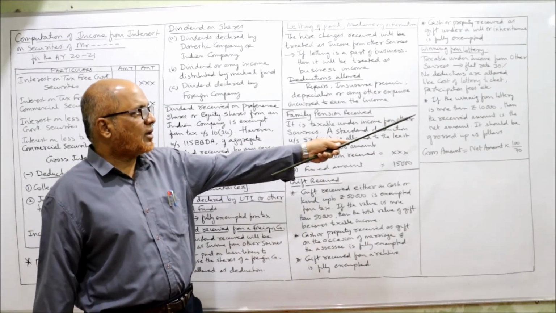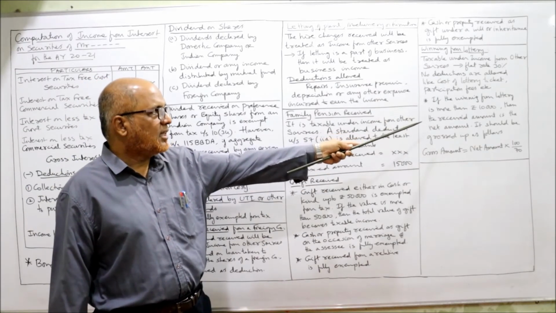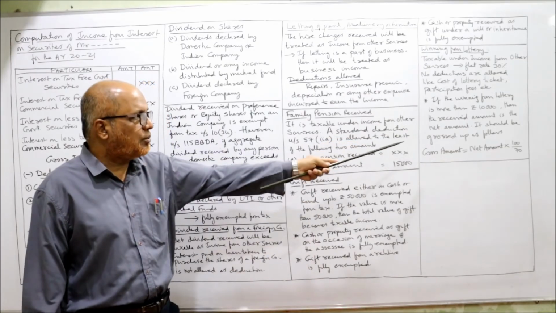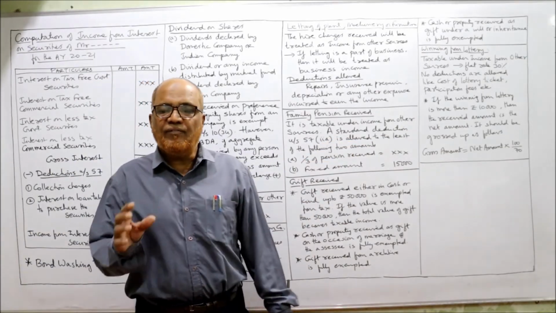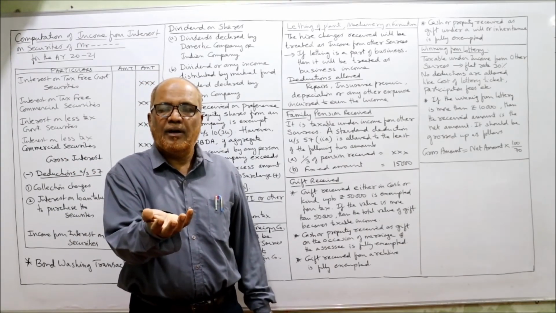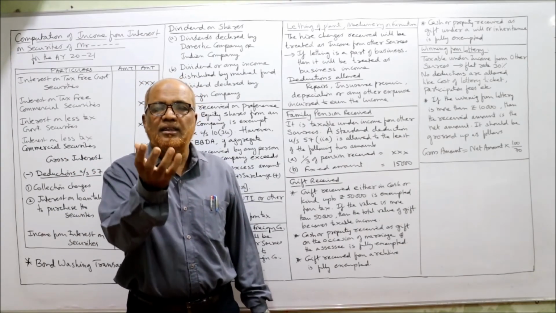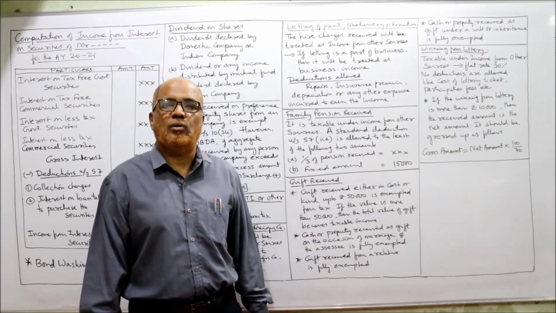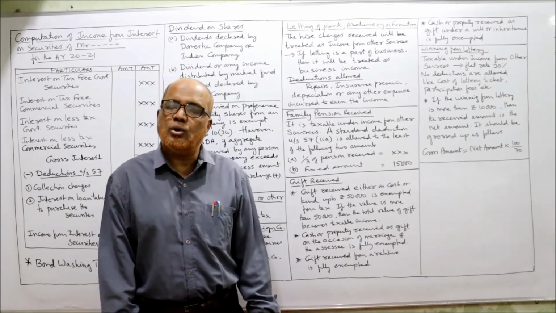So if the winning from lottery is more than 10,000, then the received amount is the net amount. It should be grossed up. If in the problem it is given winning from lottery received amount is given, that received amount is the net amount. We have to gross it up. How to gross up?